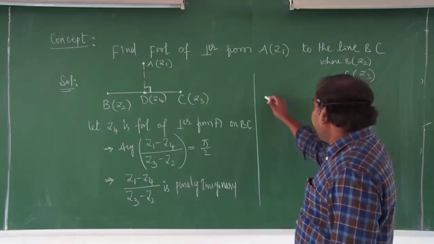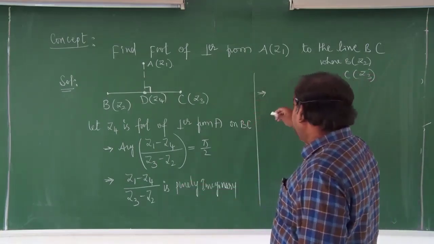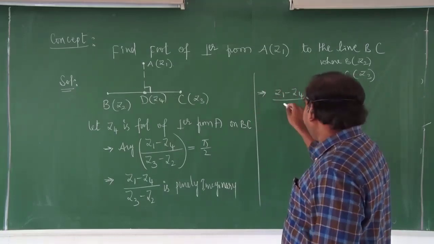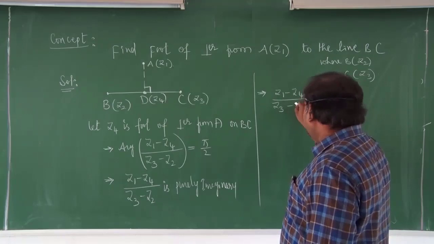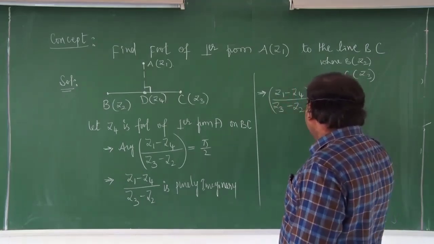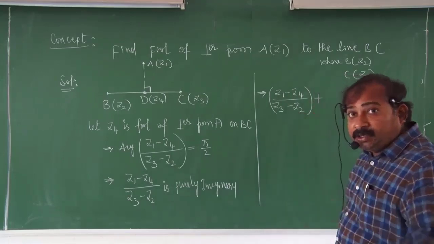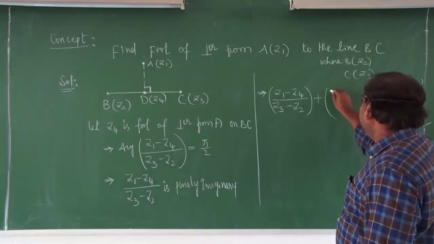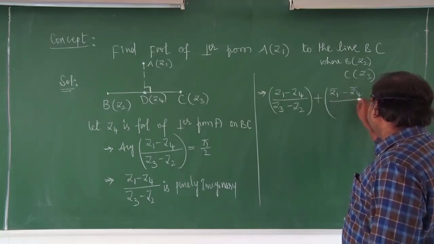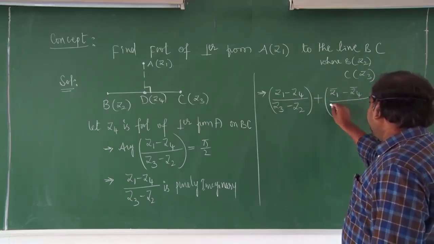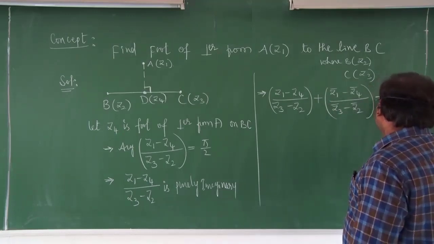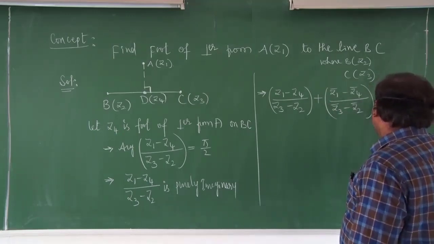So this is one complex number, and its conjugate is (Z1 conjugate minus Z4 conjugate) by (Z3 conjugate minus Z2 conjugate), equal to 0.